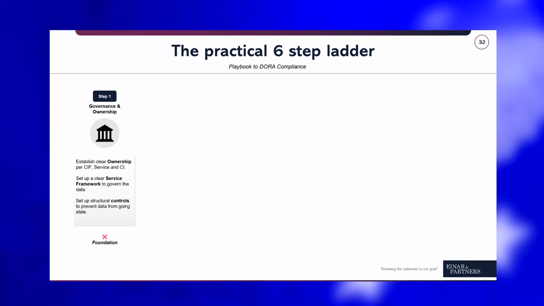You can set up these tasks so that each and every year or every quarter the CIF owner verifies and says, yes, this data is still up to date and still correct. And if he sees it's not, he takes the proper steps to fix and update that data.